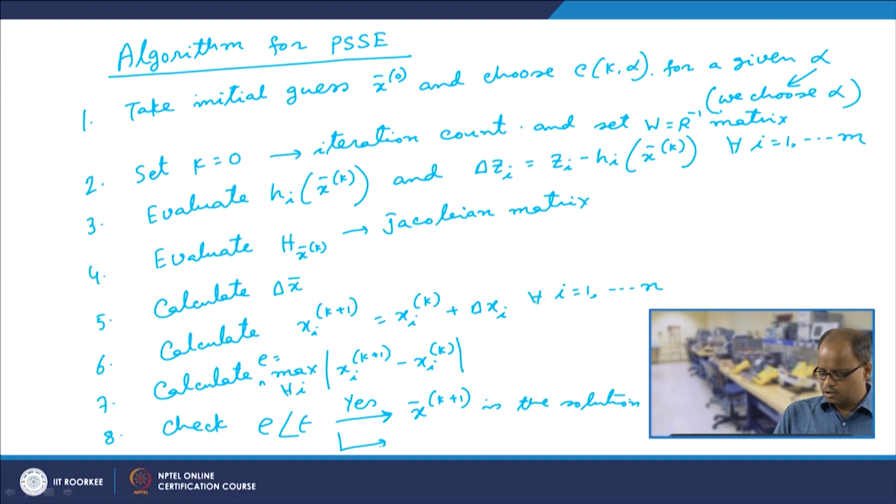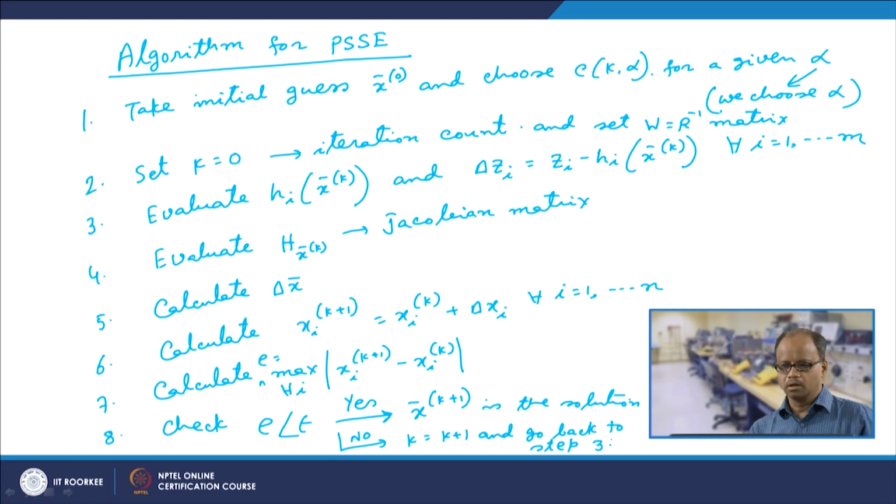If not, then we simply set k equal to k plus 1 and go back to step 3. So this is the basic algorithm.